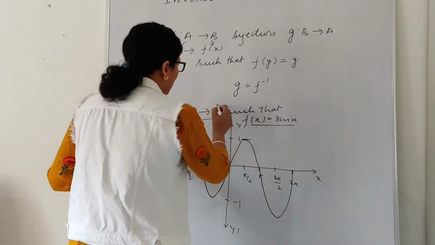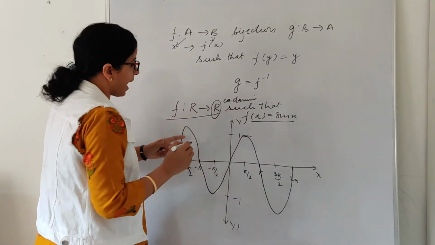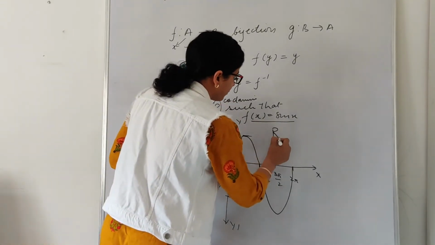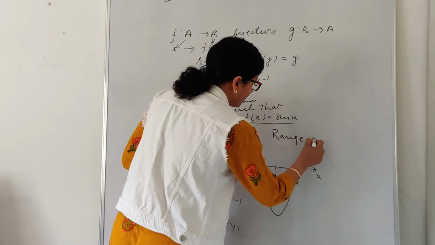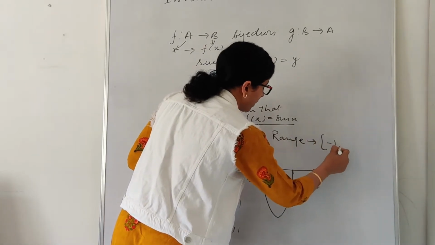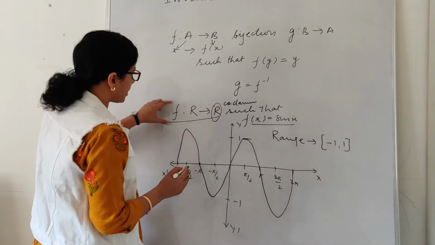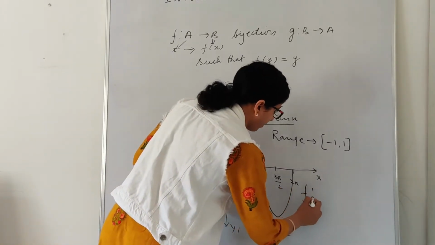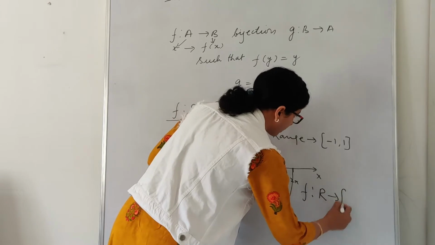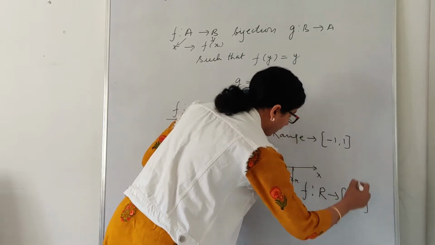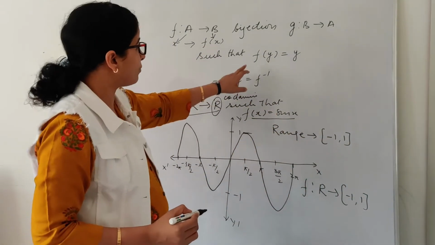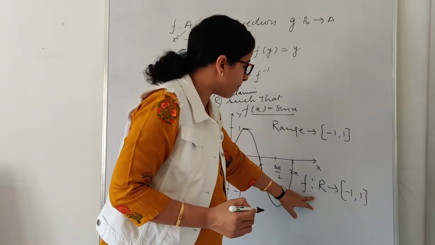So my codomain is R, and the range for the sine function is -1 to 1. Now I can change my function to f: R to [-1, 1]. So now my sine function has become many-one onto.